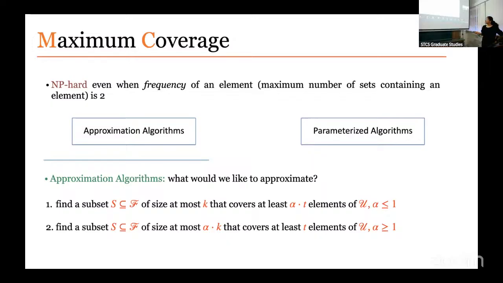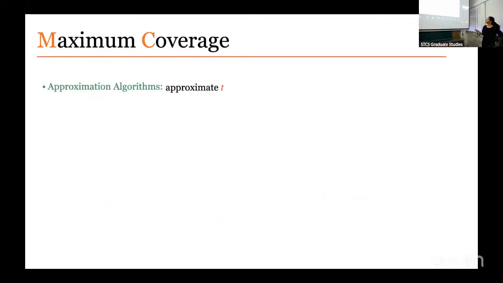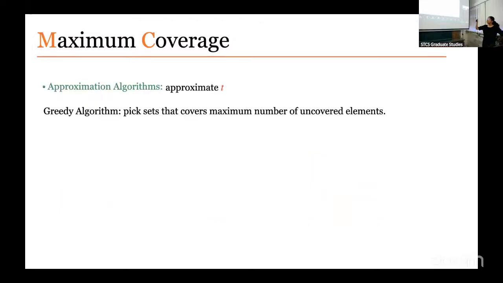These are studied. This is the main focus of the talk, that is why I'll focus on approximating T. Okay. So the simple greedy algorithm that picks a set that covers the maximum number of uncovered elements gives you 1 minus 1 by e approximation.